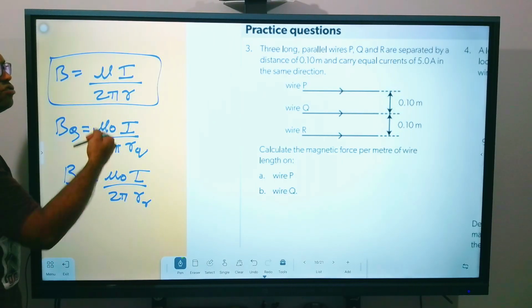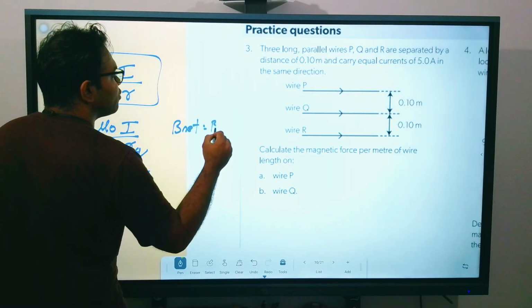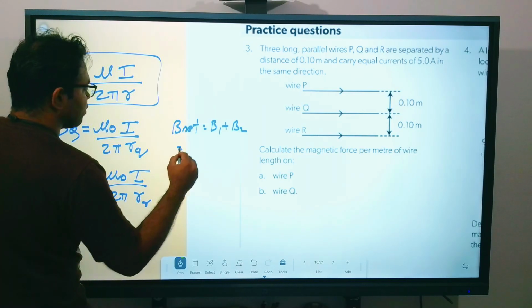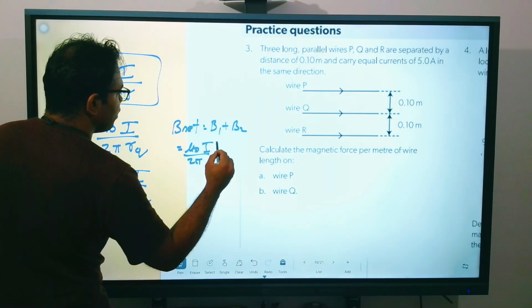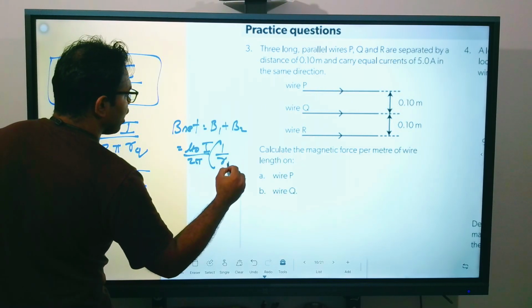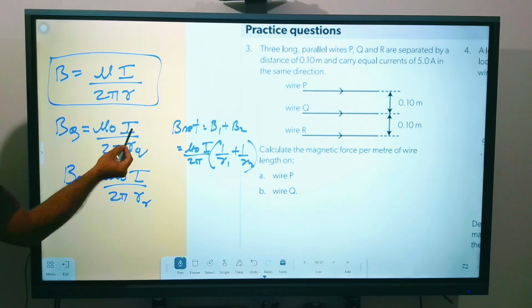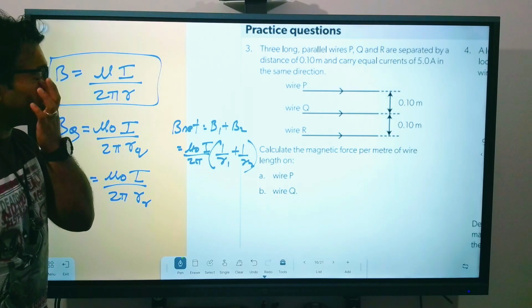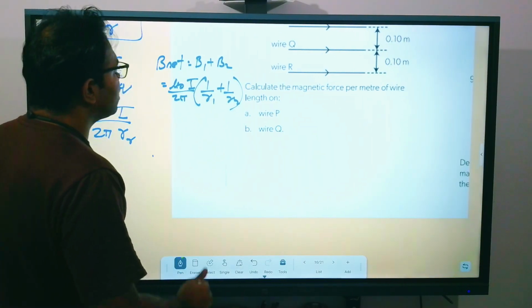So if we want to add these two magnetic fields, what do we do? B net is equal to B1 plus B2, which is mu naught I upon 2 pi times 1 upon R1 plus 1 upon R2, because the mu naught I upon 2 pi was the same in both of them. So let's actually put in the values.